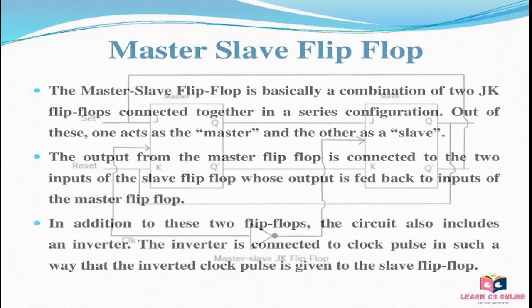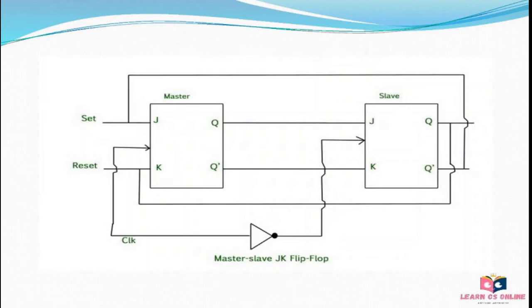When the clock pulse goes to 1, the slave is isolated. J and K inputs may affect the state of the system. The slave flip-flop is isolated until the clock pulse goes to 0.